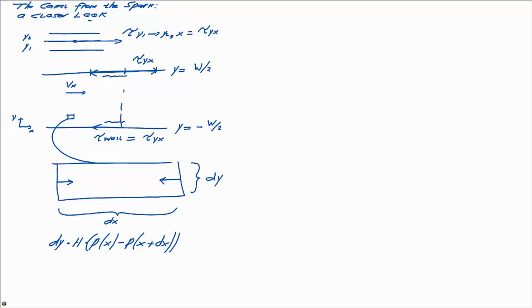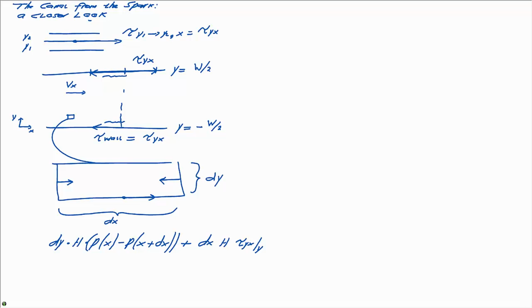Okay, so then at the bottom we have a shear stress working on the surface dx times h. This is the shear stress tau yx at y, and as before, we have the same magnitude surface on top.